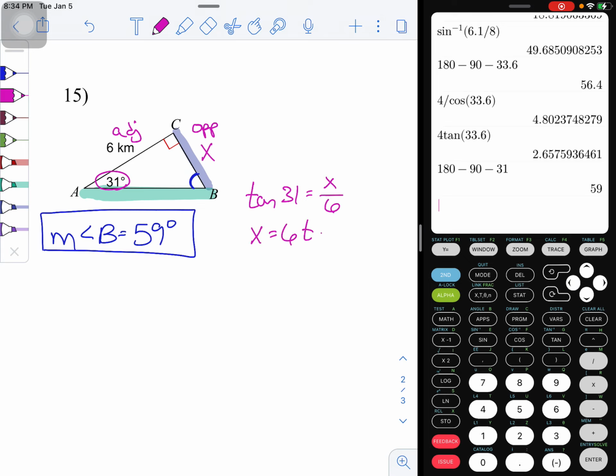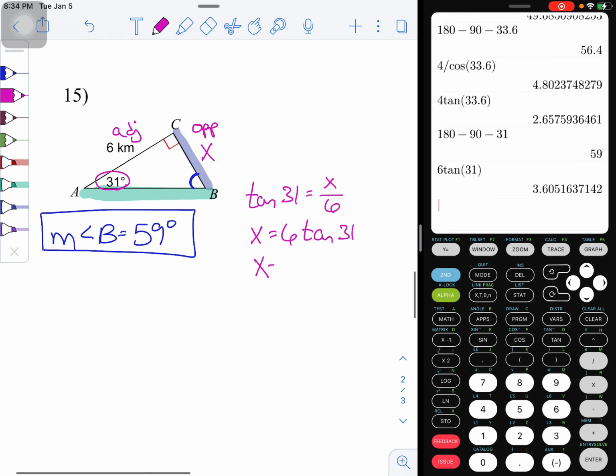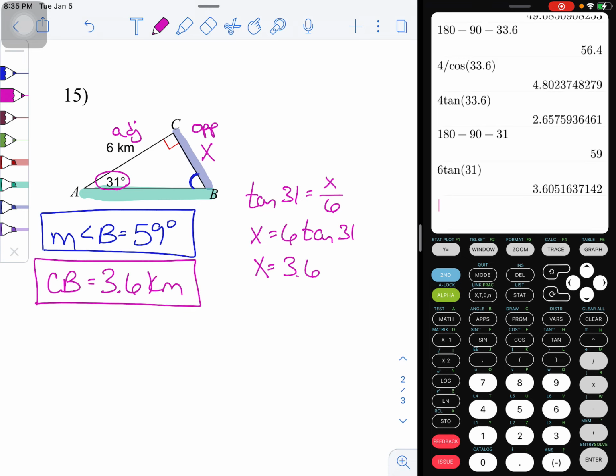So that means X is equal to 6 times the tangent of 31. So into my calculator it goes. And so X is going to equal 3.6. So the length of CB, or BC, order doesn't matter, is going to be 3.6 kilometers. KM was our units for our sides.